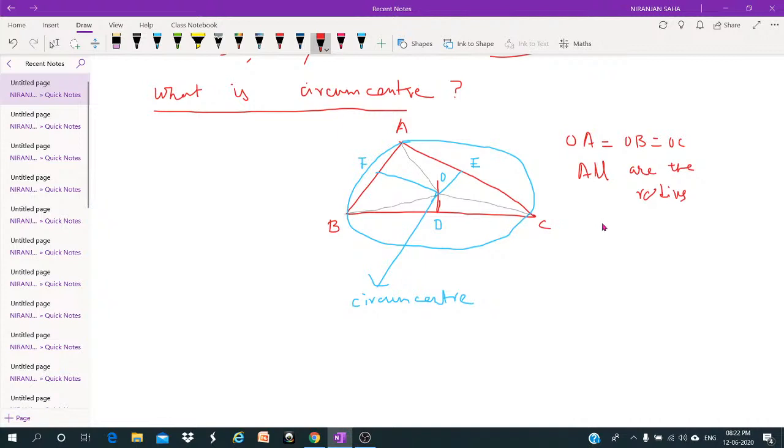All these radii are called circumradius.